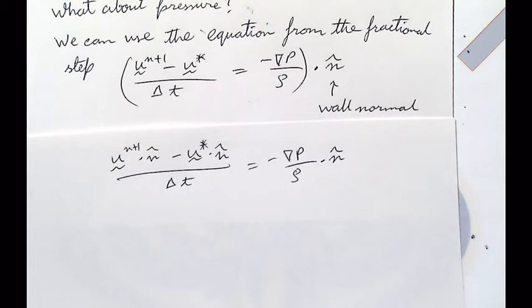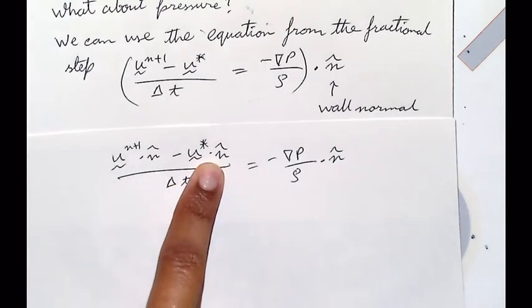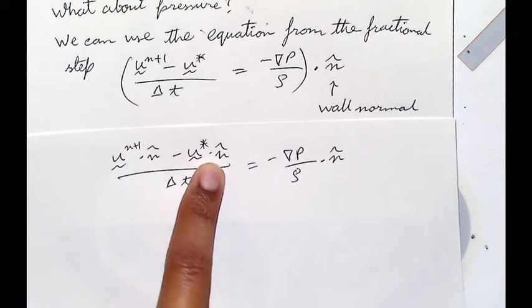Do you know something about any of these terms? V would be 0. U star dot n hat would give me the wall normal velocity, and that is 0.